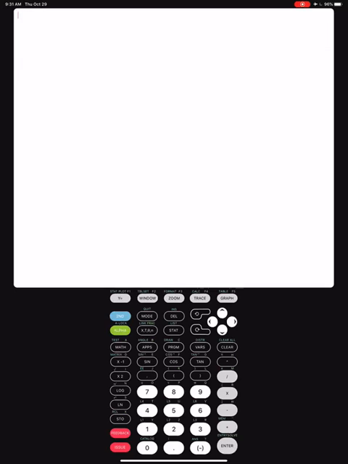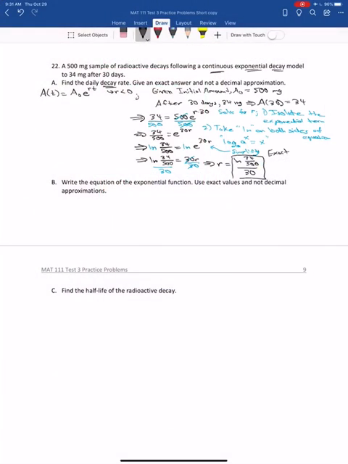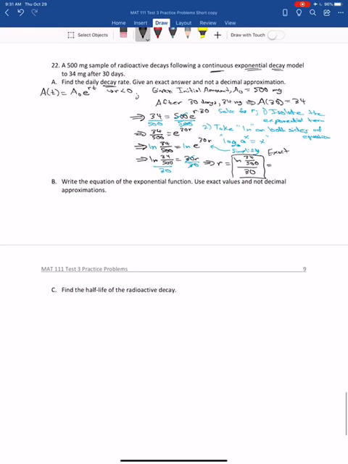And let's clear out our last problem. 34 divided by 500, that is 0.068. So real quick, if you want, let's go back to our model and let's go ahead and plug that in. So this is equal to the natural log of 0.068 divided by 30.